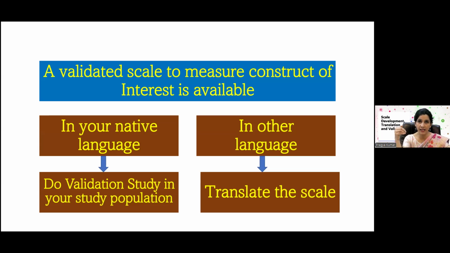So, a validated scale is there, and let's say it is in the public domain, and we can use it just after informing the author. And if it is there in our native language, like PHQ-9, which is there in Hindi also and has been translated into many languages, then you can directly start with the reliability and validity studies in your population.